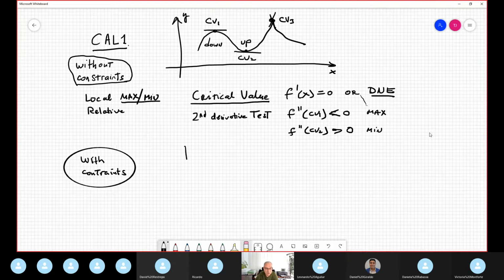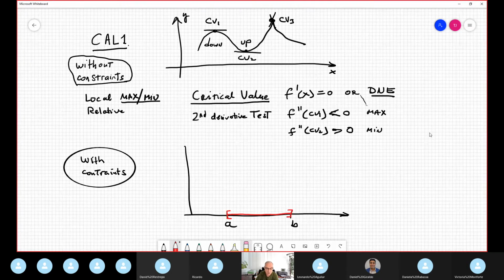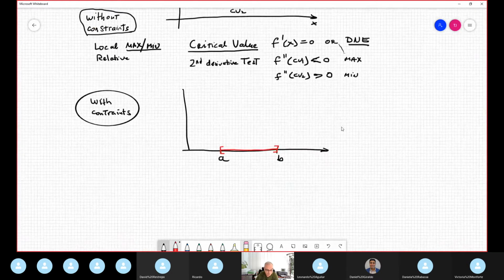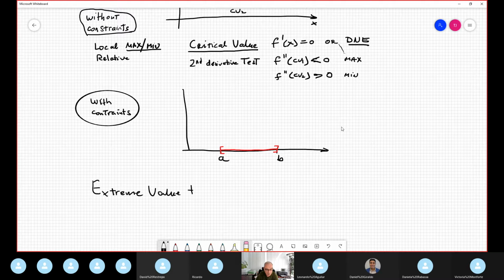With constraint means we have one specific interval, a to b, in which you want to study the behavior of extreme values, maximum and minimum. We have one important theorem. The name of this theorem is the extreme value theorem.